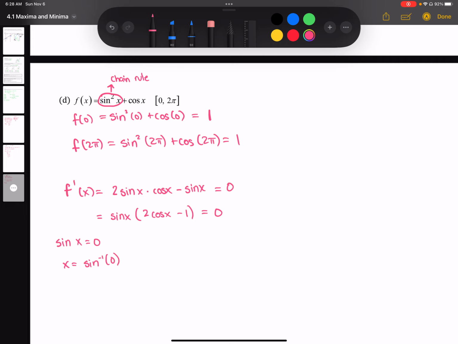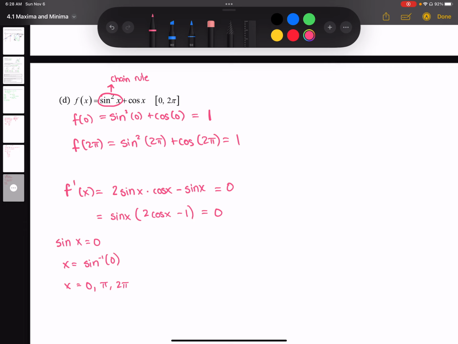Now, really, we would be on the interval from negative pi over 2 to positive pi over 2. But our interval has shifted from 0 to 2 pi. So sine is 0 at 0, at pi, and at 2 pi.